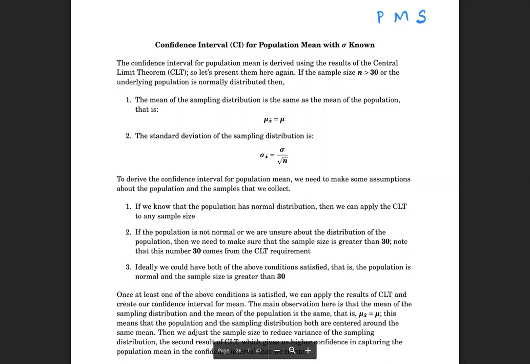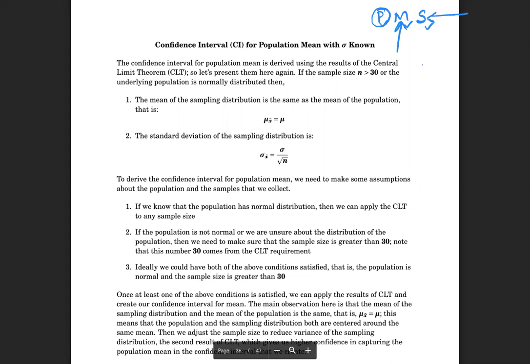PMS stands for proportion, mean, and standard deviation. We have done confidence interval for proportion. Now we are going to do confidence interval for mean. After we are done with that, we are going to do confidence interval for standard deviation.